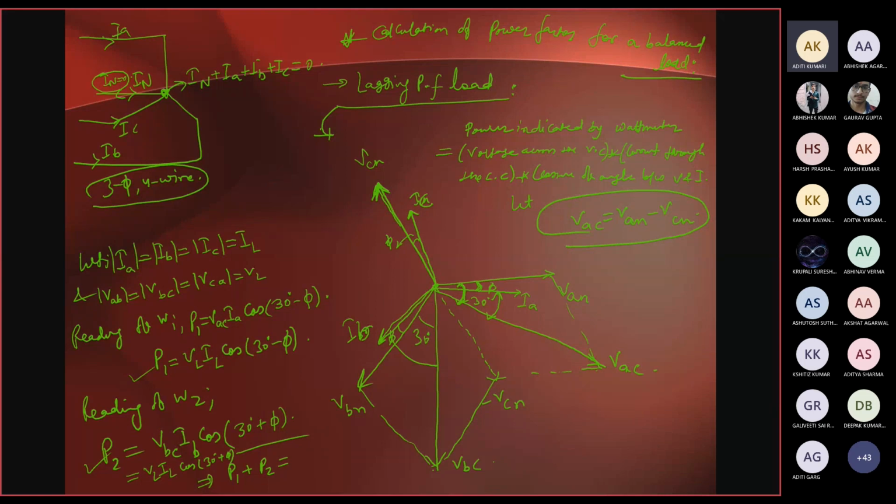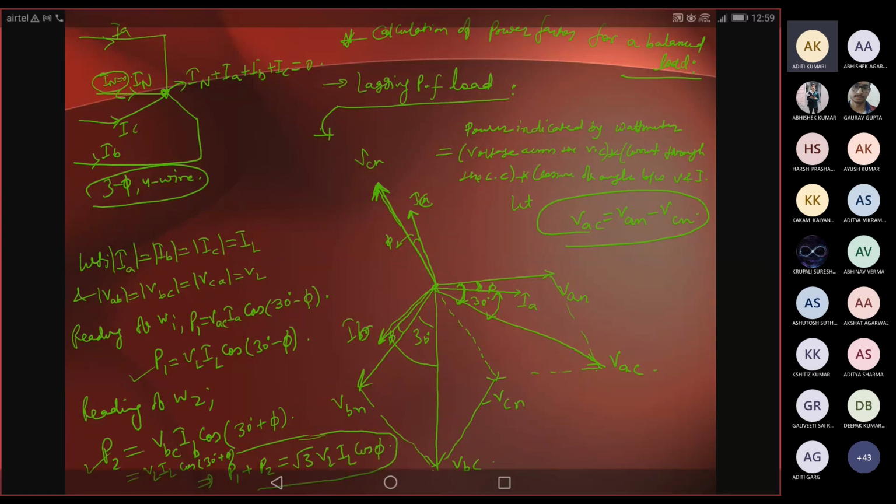So P1 plus P2 calculate करोगे, then you will get √3 VL IL cos phi. So this is the total power in any three-phase circuit. All of you know that, right? तो इस तरह से हम लोग फेजर डायग्राम के थ्रू भी टोटल पावर कैलकुलेट कर सकते हैं. Previously we have done it with the help of circuit diagram. Now we have done it with the help of phasor diagram.